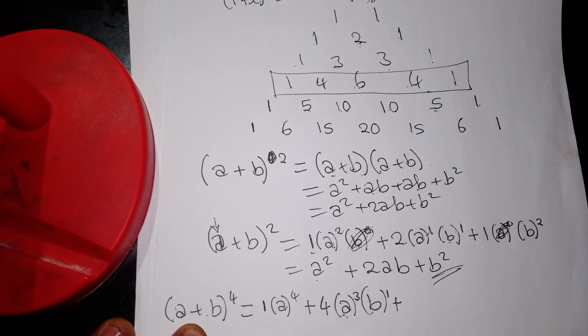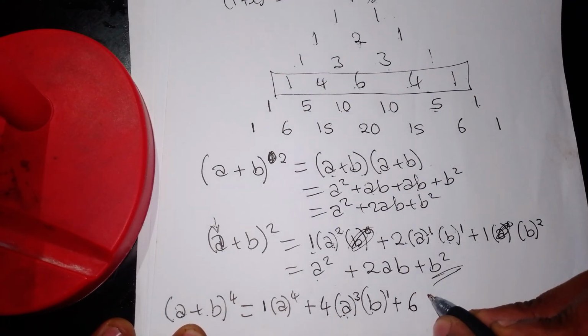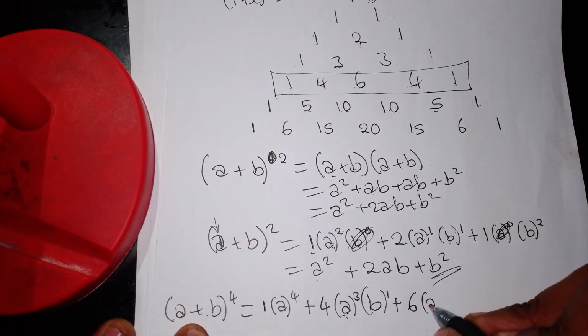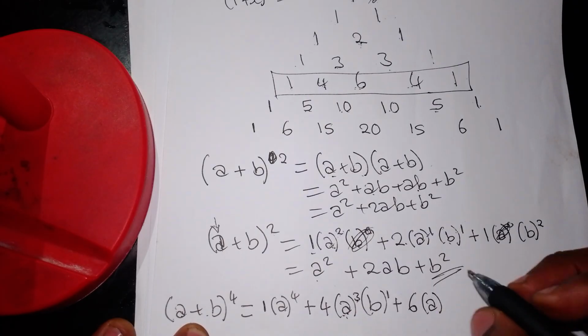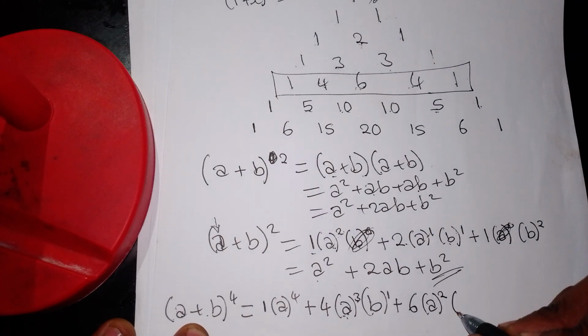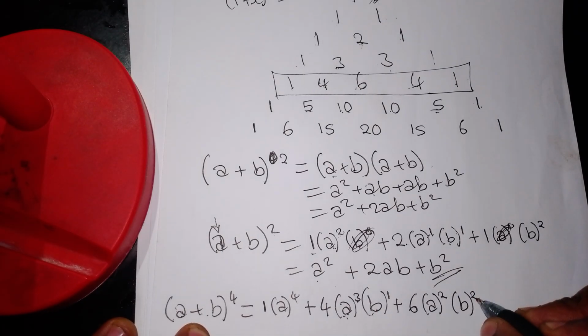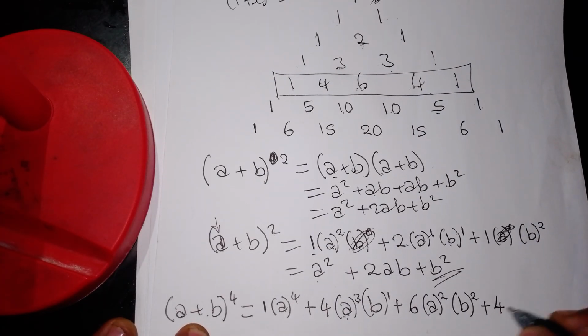And then you proceed. You have a 6 here. So the power of this will reduce by 1. So instead of being a to the power 3, this would be a squared, while the power of b will increase by 1. So this would be a 2. And then plus, you get the next coefficient, which is a 4.